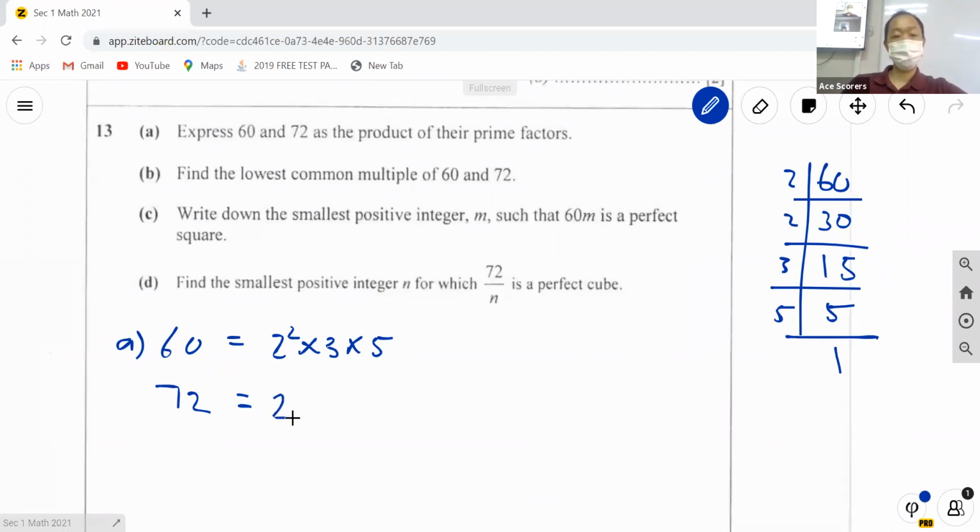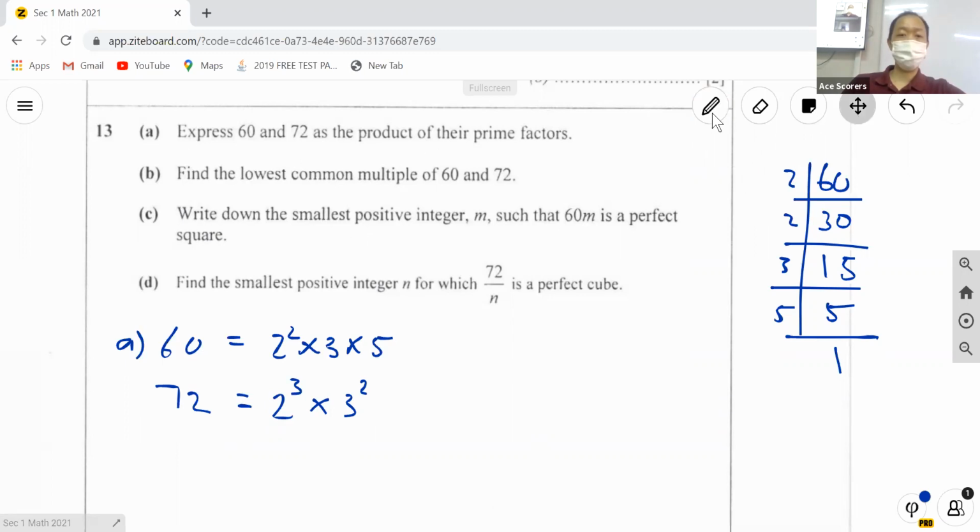So there's 2 cubed, because I divide by 2 three times. Then 9 is basically 3 squared. So I can come out with this very quickly without having to do the prime factorization method. So I get these two index notations, and that is the answer. It's called the product of the prime factors.